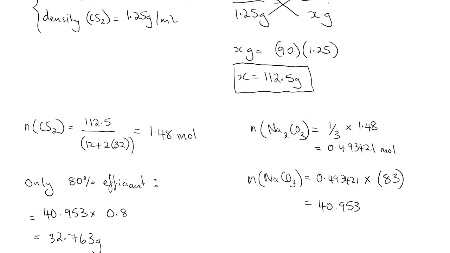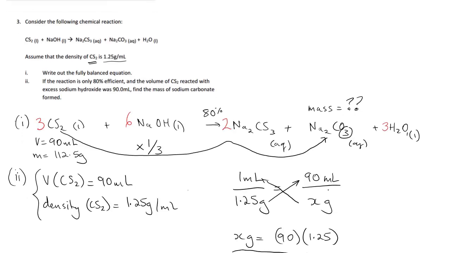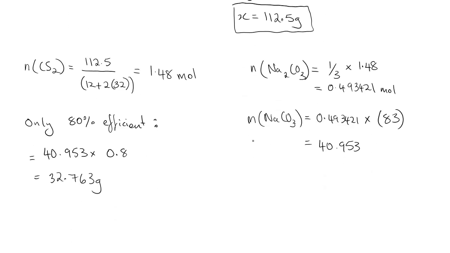Okay, so that's the mass of sodium carbonate. And checking the significant figures, there are only 3 significant figures. So we just have to cut it off there. So therefore it's 32.8 grams. So that is the mass of sodium carbonate obtained.